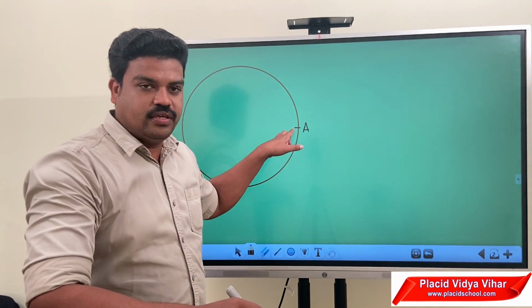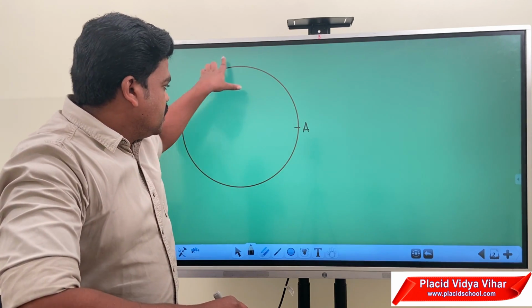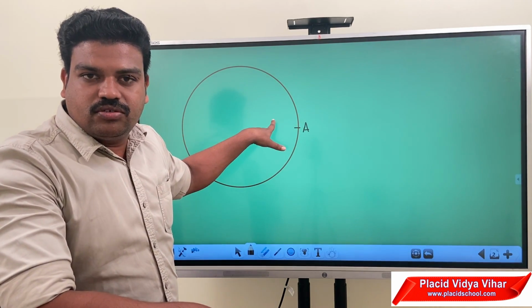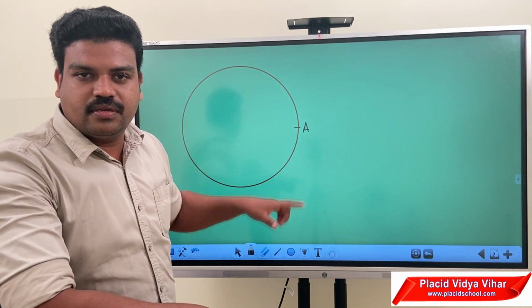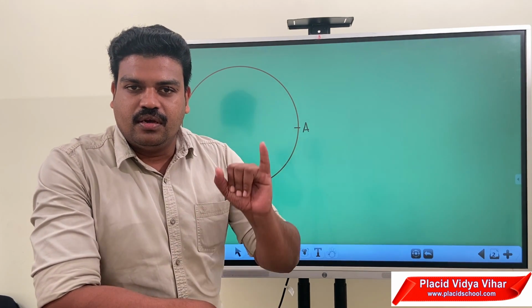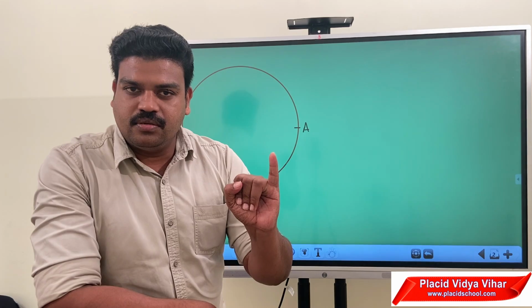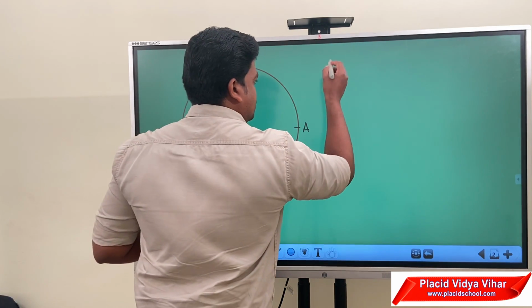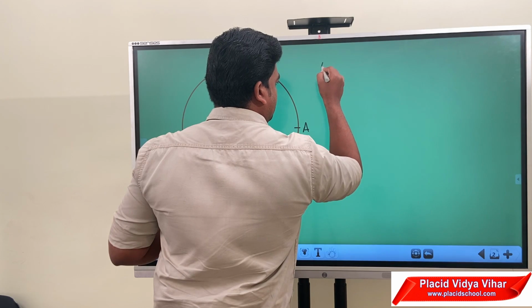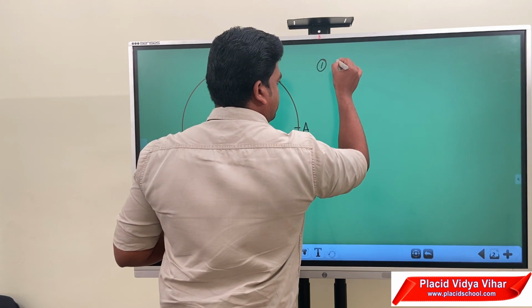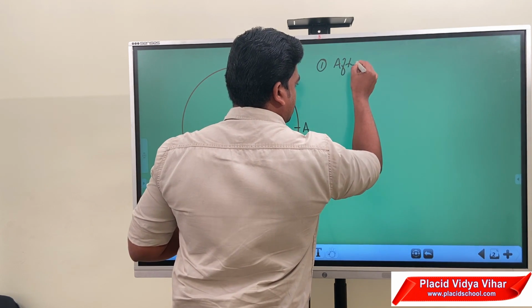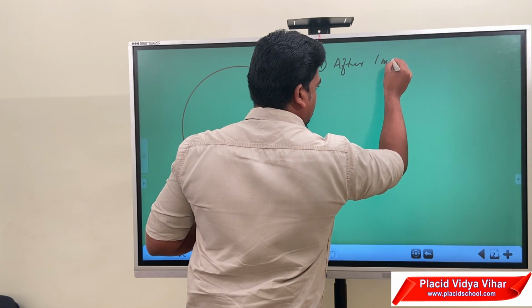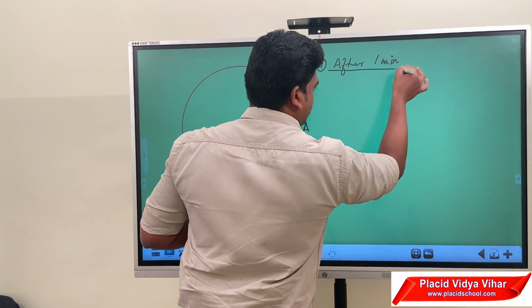Initially the athlete is standing here and he completes this track in every 20 seconds. What is his distance and displacement after 1 minute, and after 5 seconds? These are the two things. So what is the distance and displacement? The first one is after 1 minute.